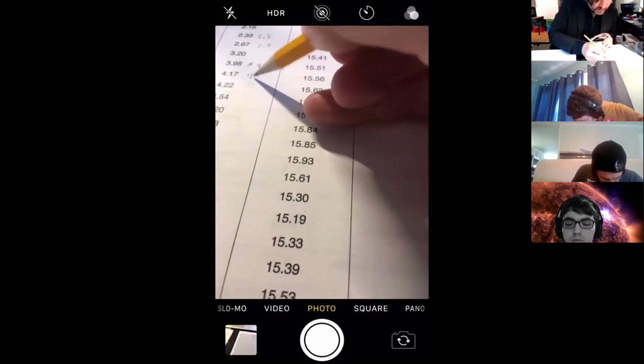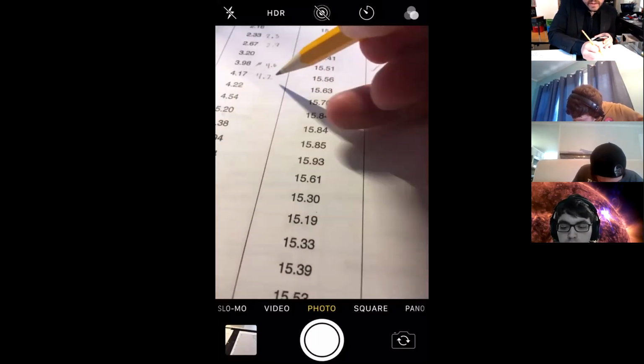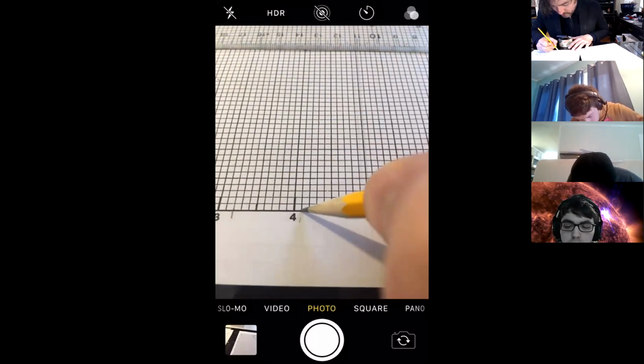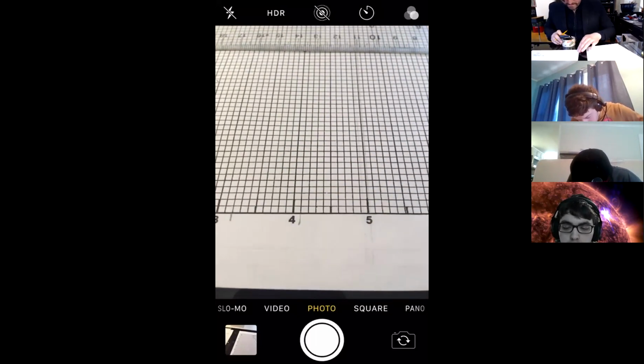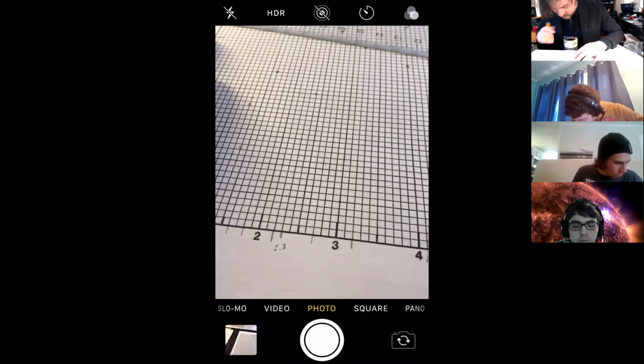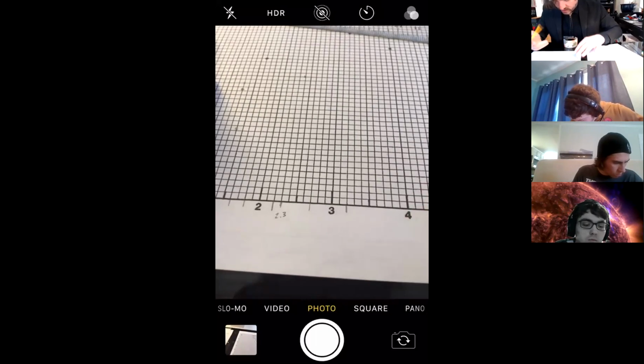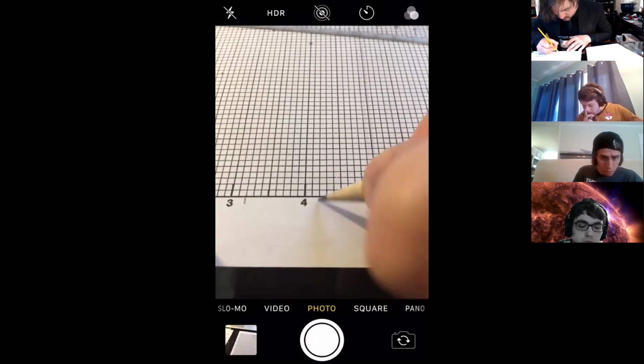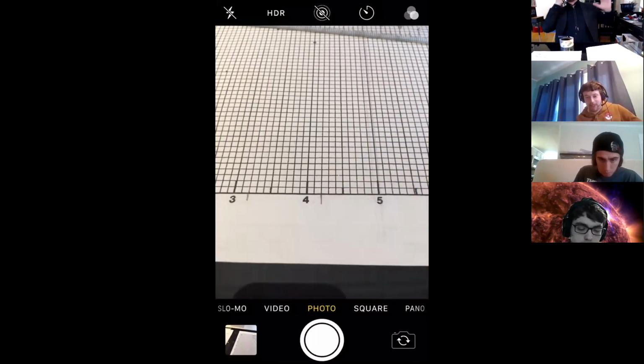This is 4.2 and that's 15.56. So 4.2 is there. And this is 4.1. No. Oh, fuck. Yes. Duh. Yeah, we all suffer here. That's been our sentiments this whole time.